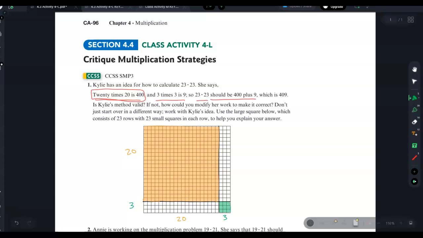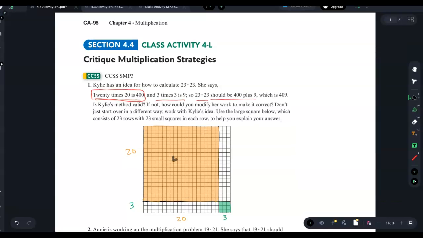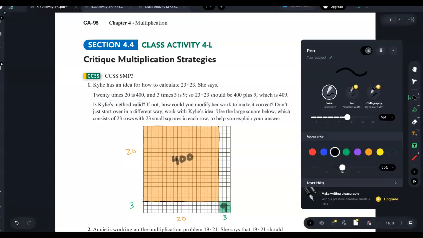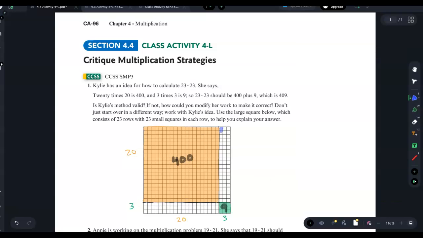So what she's doing here is she's saying, okay, 20 times 20 is going to give me 400. And then 3 times 3 is going to give me 9. And so if I just add those together, that should give me the same thing as 23 times 23. And you can see that there's no way that that's correct because she's missing big sections of this, right? So I'm going to color this in blue.